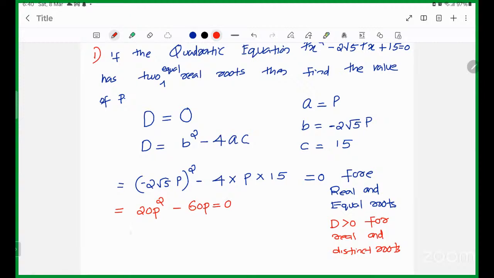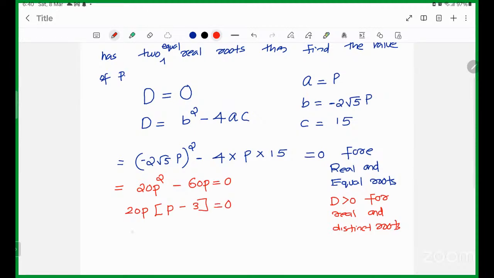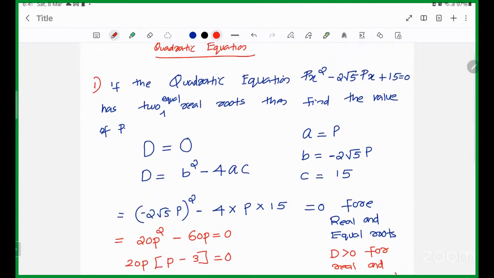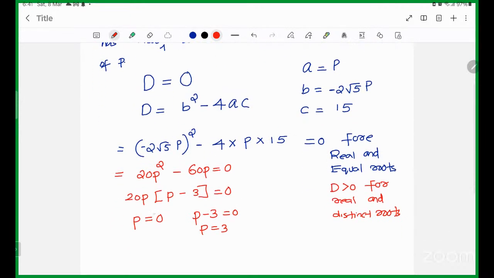So taking 20 p common, p minus 3 equal to 0. So p can be equal to 0, or p minus 3 can be equal to 0. So p equal to 0 or p equal to 3, but we cannot put p equal to 0.